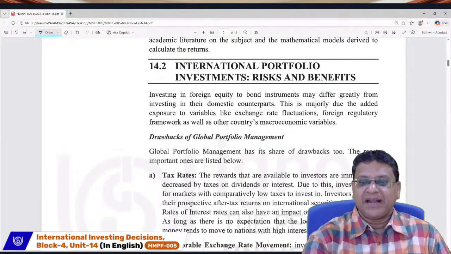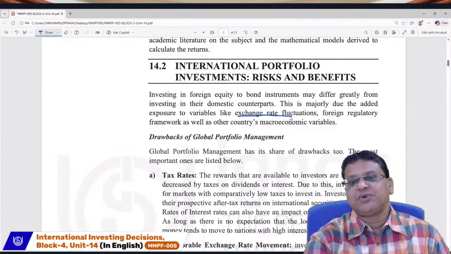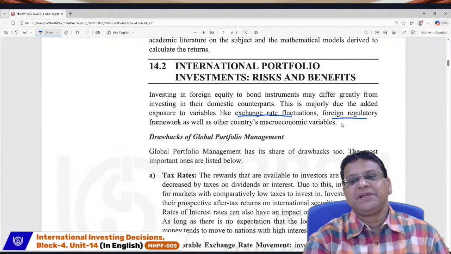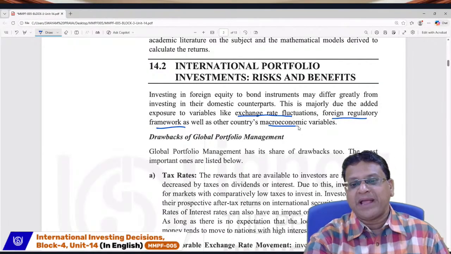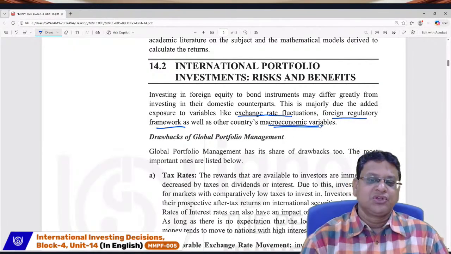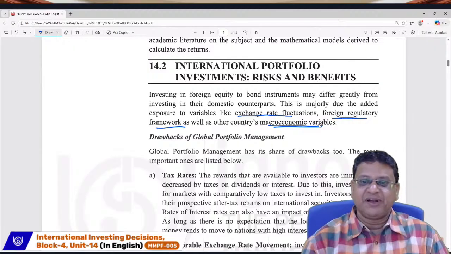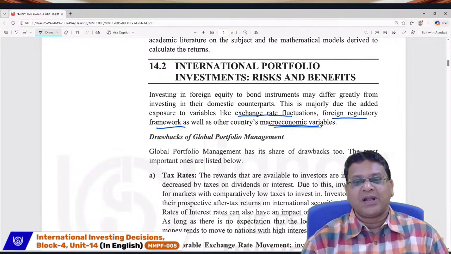The risk may arise due to taxation, it may arise due to exchange rate fluctuation, it may arise due to the foreign regulatory framework and other macroeconomic variables. So first we will understand different risks of international portfolio investment. Then we will discuss what are the benefits you get through international portfolio investment.